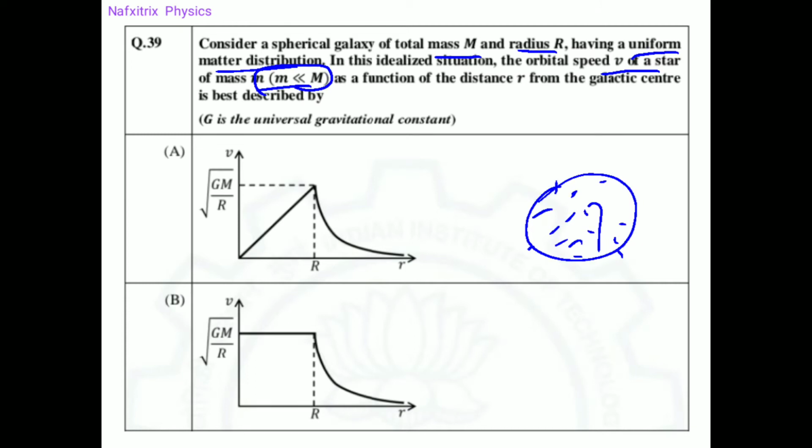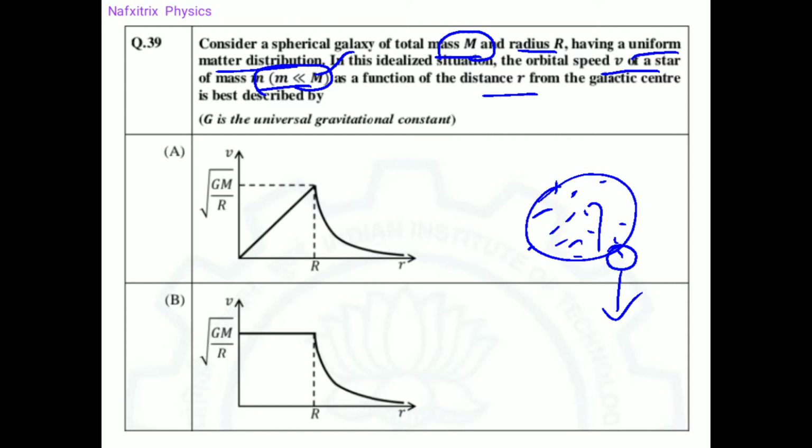And they have mentioned m is much less than capital M, which means if we take that star out of the galaxy, even then the mass of the galaxy would be nearly equal to capital M. So as a function of distance also, this condition is very important.